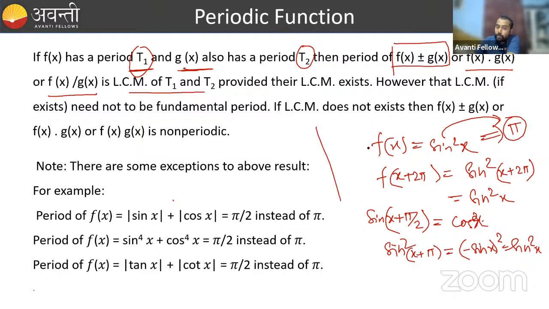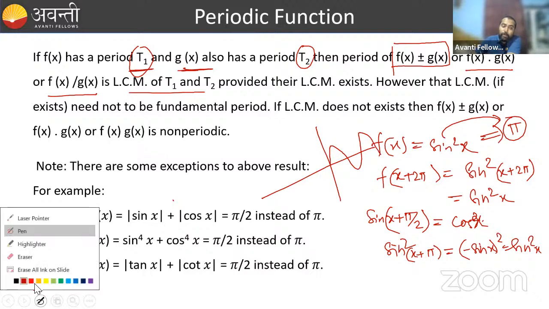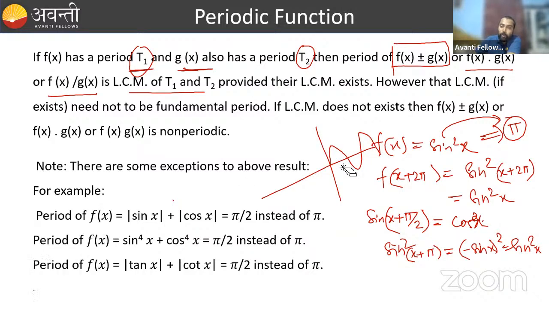You can also observe from the graph. This is the graph of sine x, right? When we are squaring something, all the values will be positive or not. If all the values become positive, then this negative portion will come to this side and be positive.